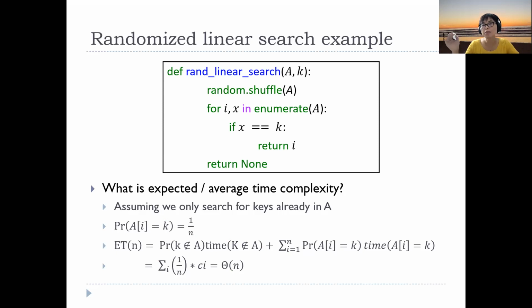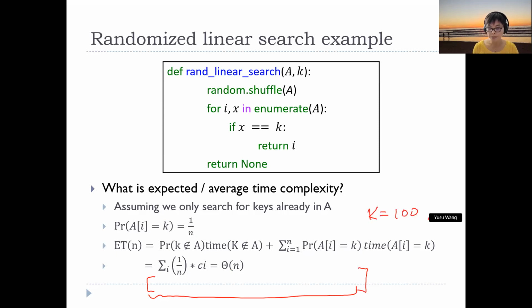However, even if you give me, for example, an array A of size n, where the key you're looking for is 100, and let's say you are not lucky. This 100 is the last entry in your input array.